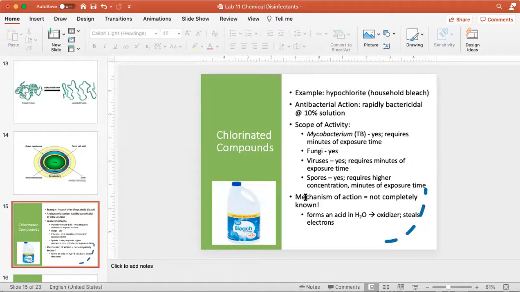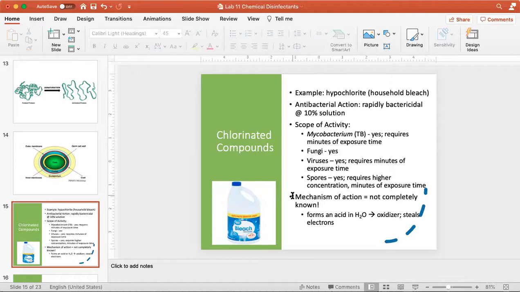So you could argue that bleach is better than alcohol, because bleach can destroy spores. But you could also argue that bleach is worse than alcohol because it takes a long exposure time to get things killed.